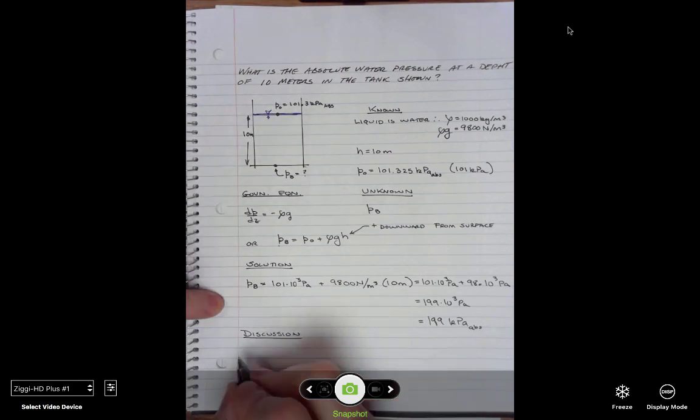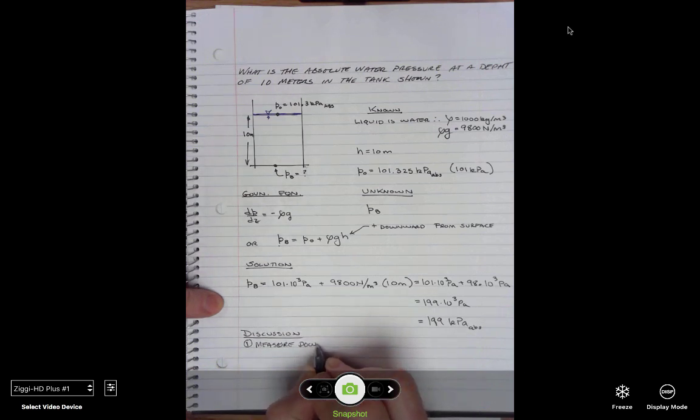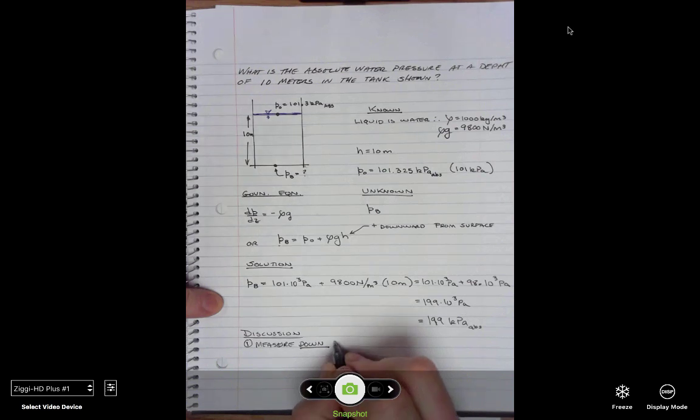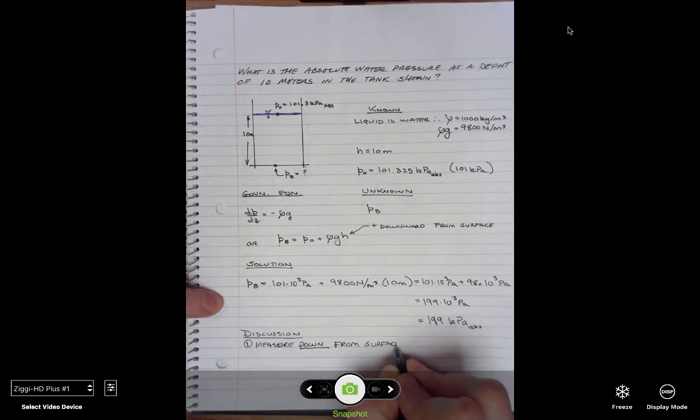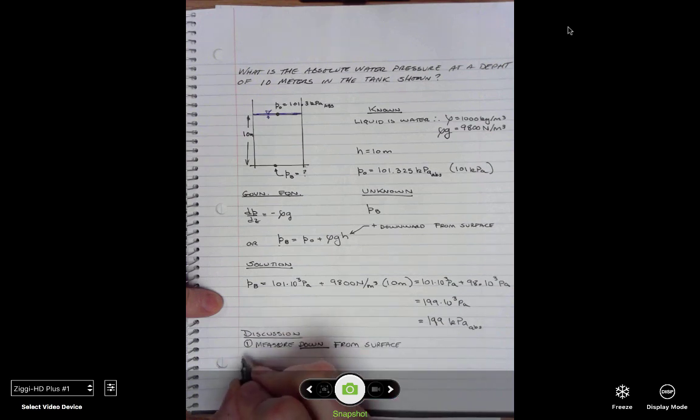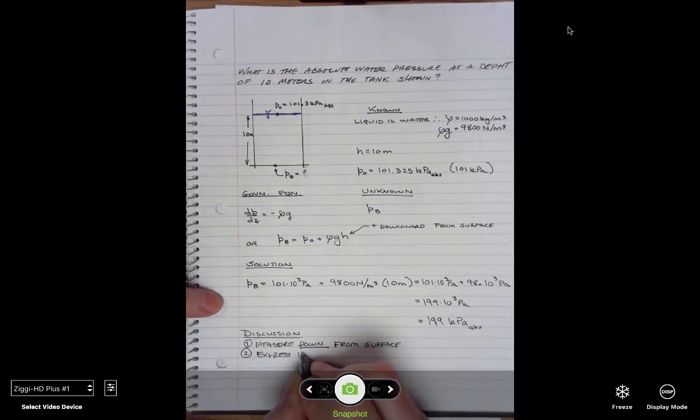Okay, discussion. There's not much. Important points were to measure down from the surface and express in consistent units.